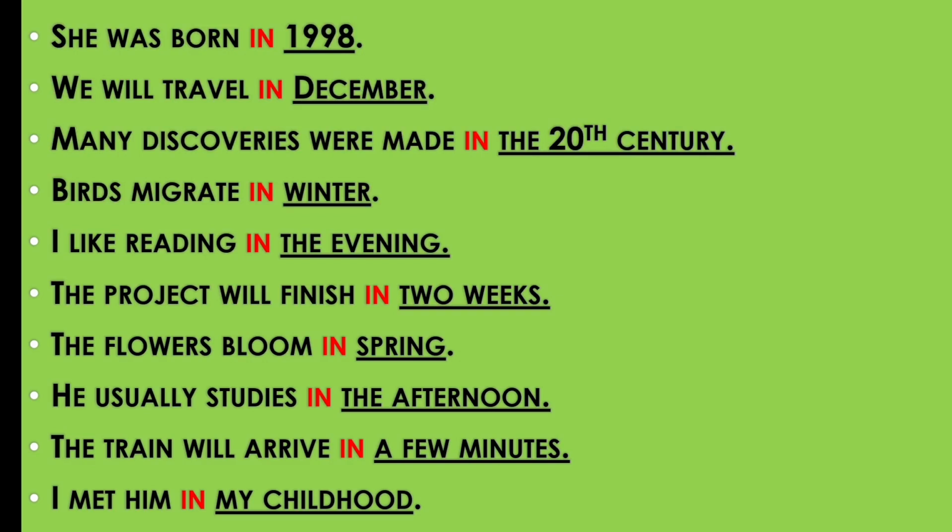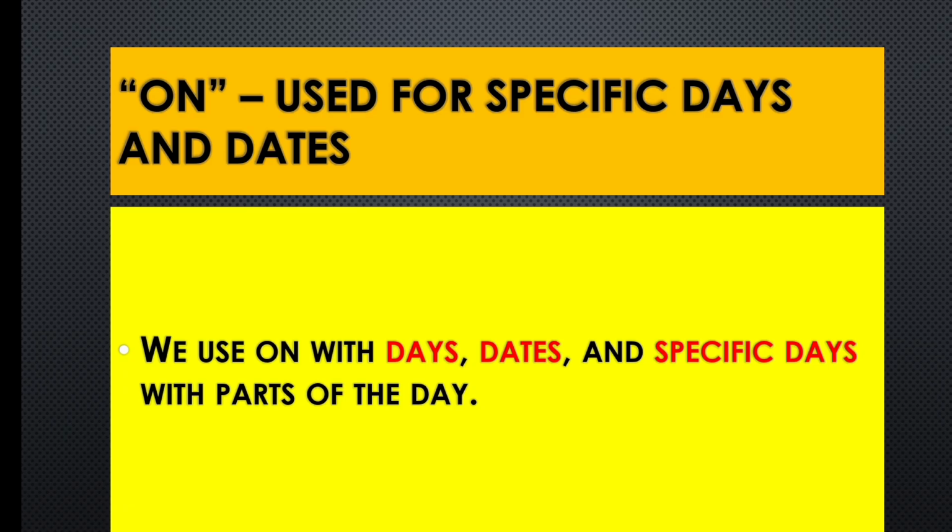So let us have the next preposition of time, that is on. When do we use on? The preposition on is used for specific days and dates. I am repeating it once again. We use on with days, dates, and special days. Special days are, for example, Independence Day.